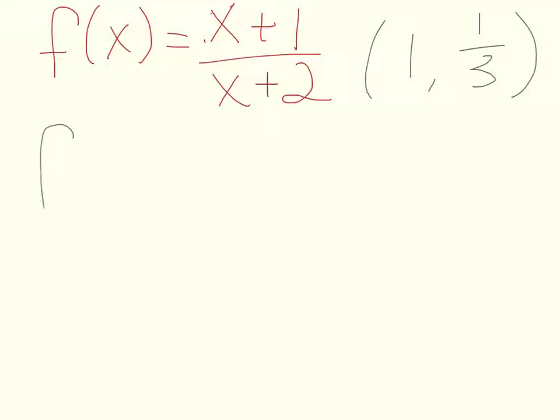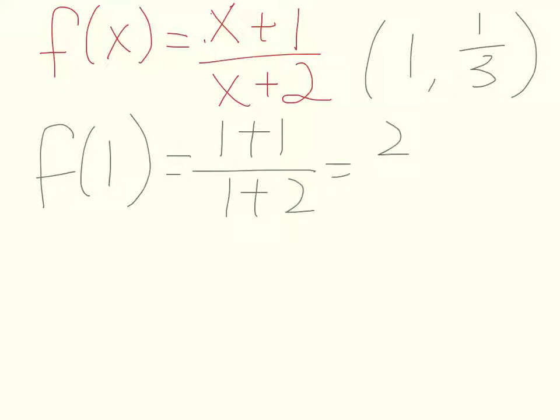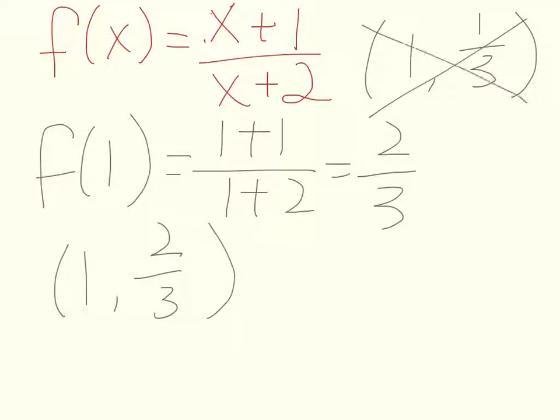Very easy. We plug 1 in for x, so we find f of 1. So, 1 plus 1 over 1 plus 2, so that's 2 over 3. So this tells us that although there is a point 1, 2/3, there is no point 1, 1/3.